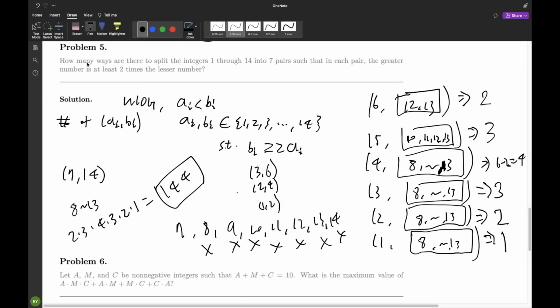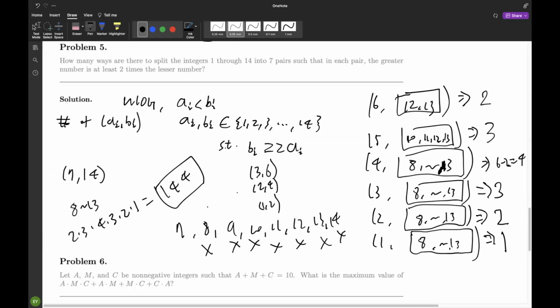Okay. So if I quickly go over, then until here it is okay, right? But starting from here, we know that 8, 9, 10, 11, 12, 13, and 14 cannot be A because 8 times 2 is 16, but there's no number that is greater than or equal to 16 from here.